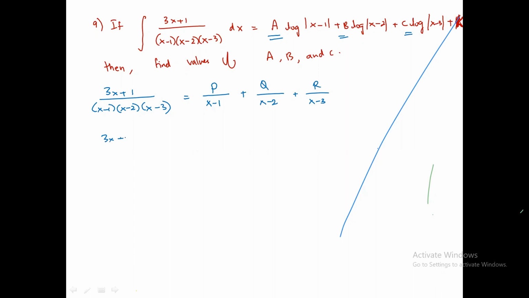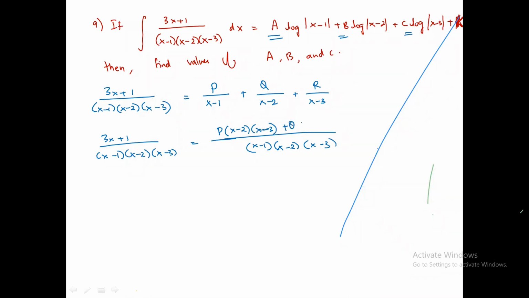Now, left side I will keep same. But right side I will take common denominator (x minus 1), (x minus 2), (x minus 3). That means the numerator P has to be multiplied with (x minus 2), (x minus 3). Then Q has to be multiplied with (x minus 1), (x minus 3).